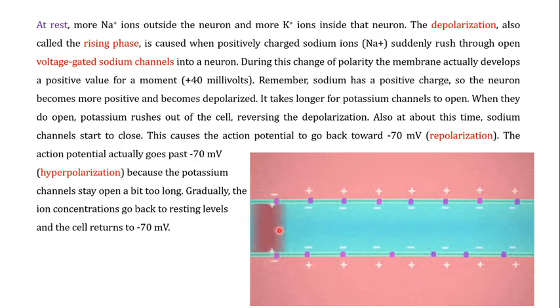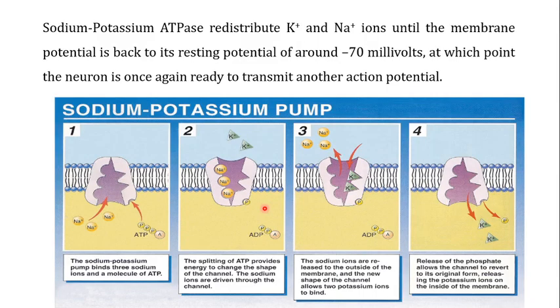If you look over here, there is positive charge outside and negative charge inside the neuron. Because of these changes, the interior becomes positive, but very quickly the resting state is achieved again.